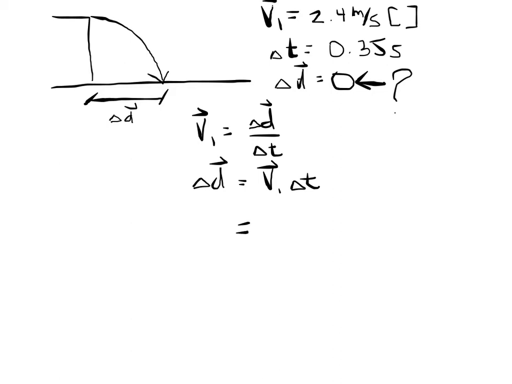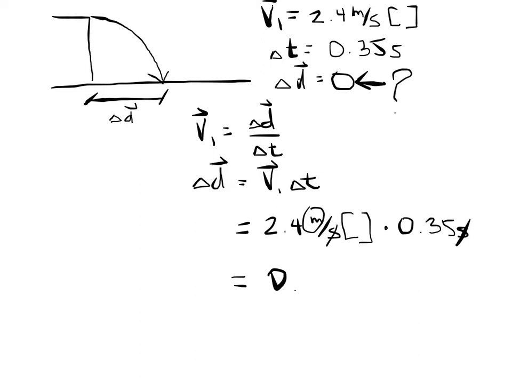Plugging in our values, 2.4 meters per second in whichever direction we happen to be traveling, times 0.35 seconds. Seconds cancel. We're left with units of meters, equals 0.83 meters in the direction which we're traveling.